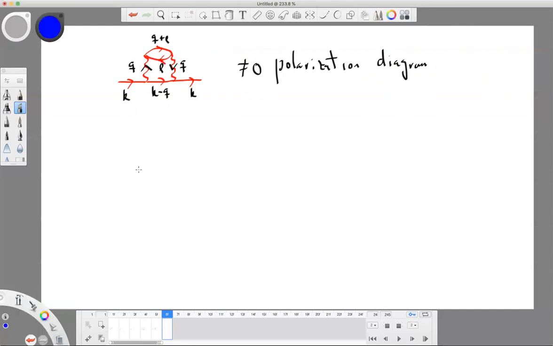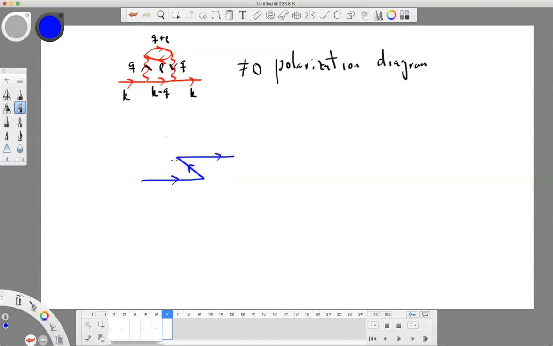Okay, so let's give this same diagram a twist. Let's suppose now we go with the momentum. Let's try to do it a little straighter. So we have momentum K. Then we're going to have an arrow like this, and then an arrow like this.